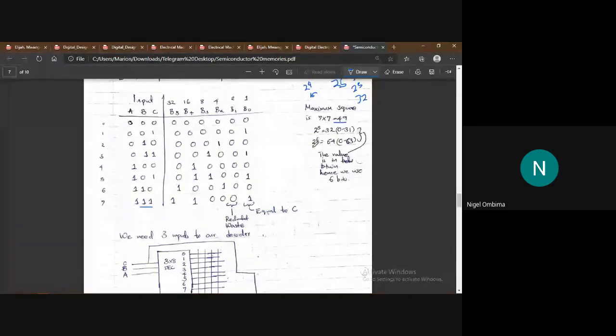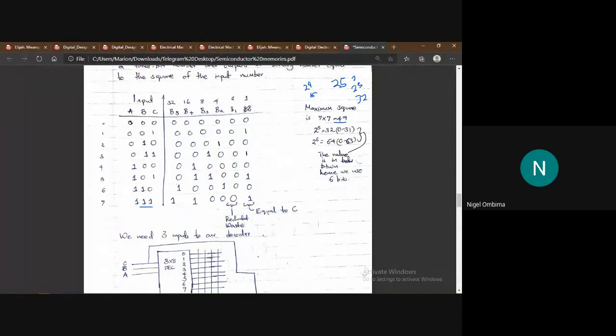It has not reached our square, so I did 2 power 6, which is 64. Our value is in between, so I took the higher value, 6 bits. So our square is supposed to be a 6-bit value. That's why I put B0, B1, B2, B3, B4, and B5. Those are 6 of them.